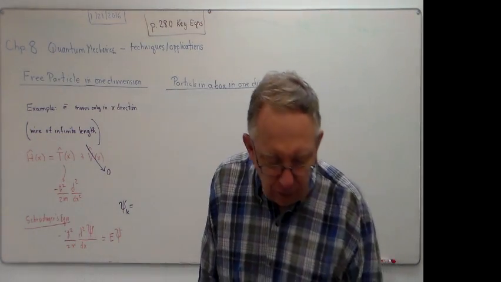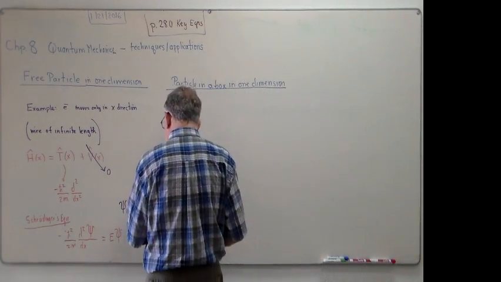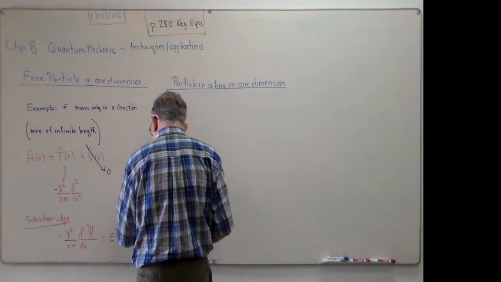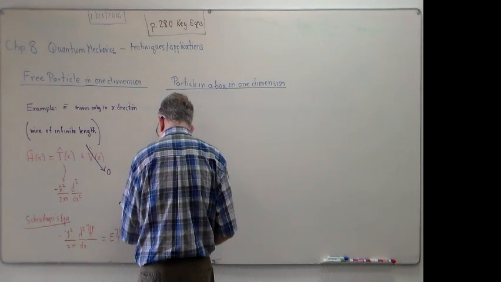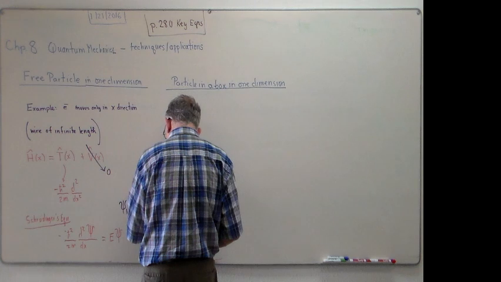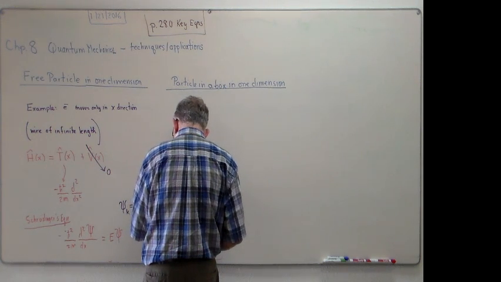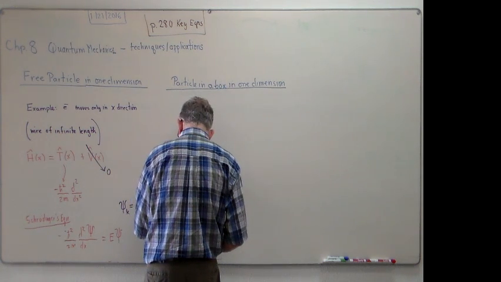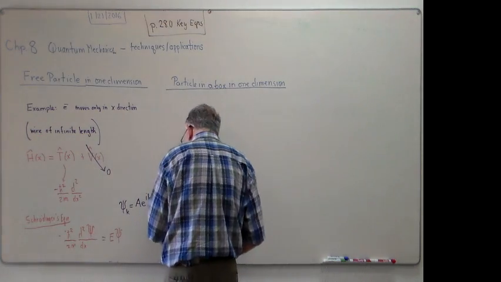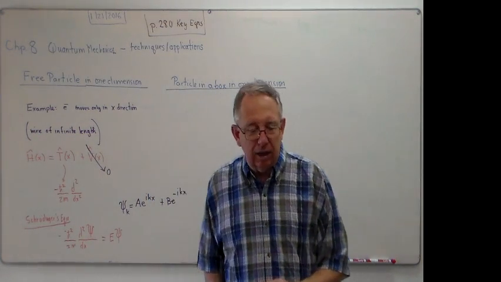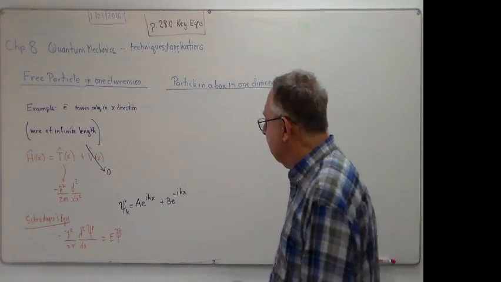They are of the form a e to the i kx plus b e to the minus i kx. They can be of that form.